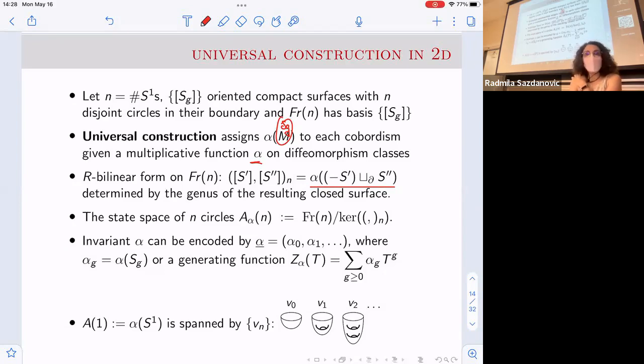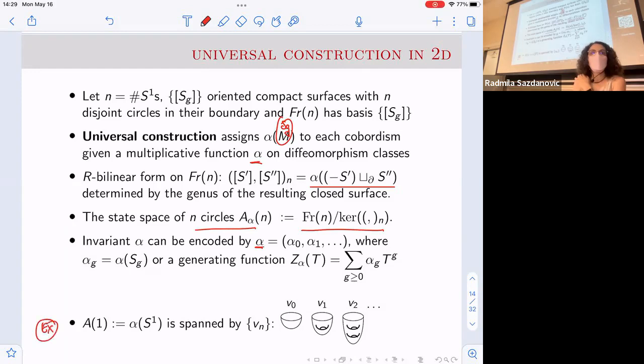And alpha is always determined just by the genus of the resulting surface. So then the state space of n circles is basically just the quotient by the kernel of the bilinear form. And then this is just bookkeeping. This invariant alpha, that's like a function, can now be encoded by this infinite sequence, where alpha g denotes the value that's assigned to a genus g surface.